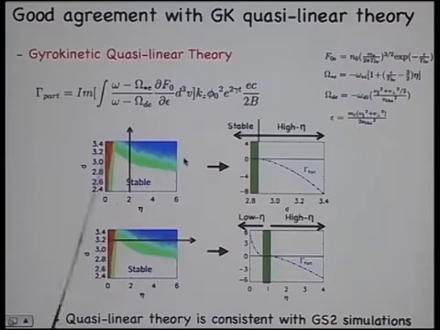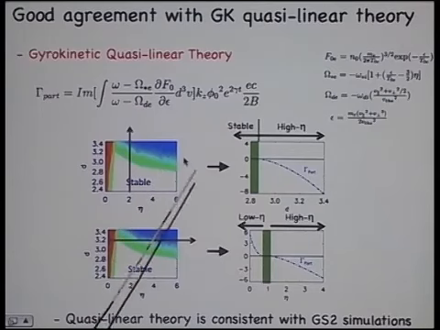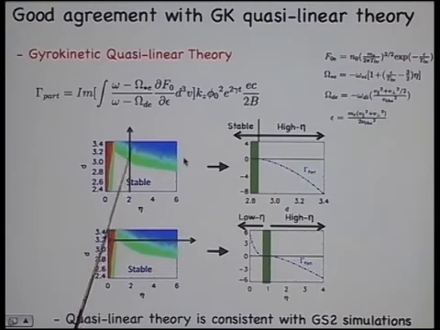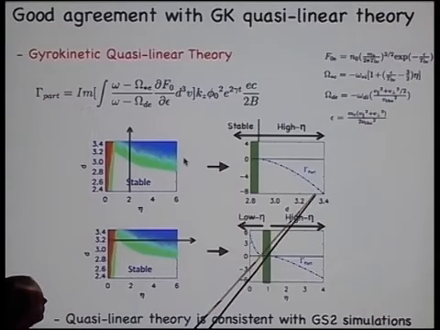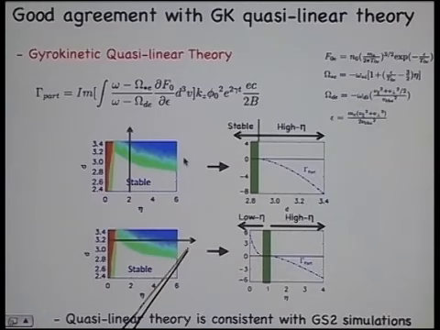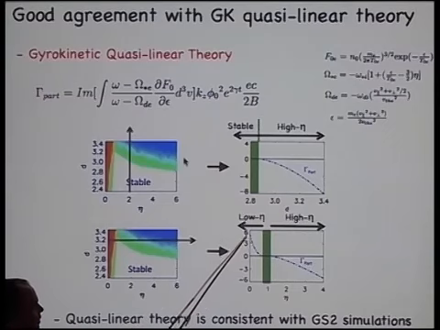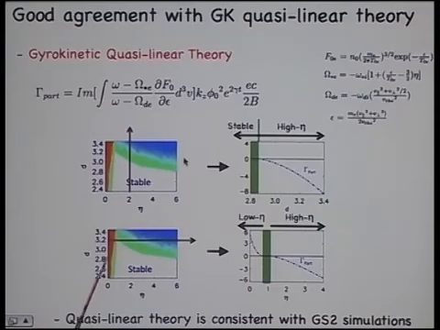And you can do quasi-linear theory, which is a fancy version of what I had on the previous slide, and it works very well. If you do a cut through here, when you enter this negative particle pinch zone, the quasi-linear theory predicts a negative particle flux. When you do a cut across here, the gyrokinetic quasi-linear theory predicts a positive particle flux right where it's positive, and then a transition to negative right where it's negative. So that seems to work very well.